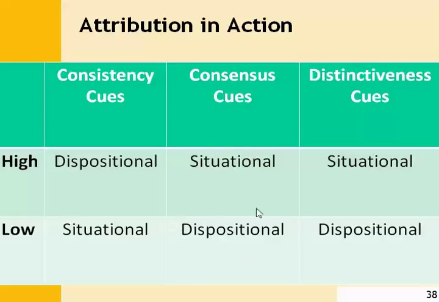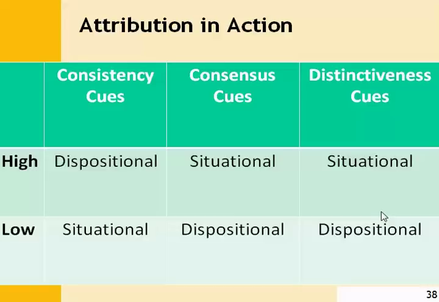But if there is low consensus, the person was the only one who engaged in that behavior and no one else did, then the cause will be dispositional. And distinctiveness cues: did the person engage in this behavior across different situations or in one specific situation? If in a specific situation, it is called high distinctiveness, and that indicates the cause is situational.